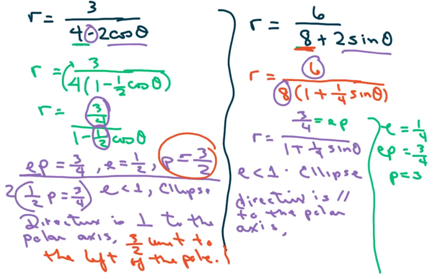And also that it is 3 units, because your P is 3. And is it going to be above, below, left, or right? Well, since it's sine, we're going up and down, so it's above or below. Since it's plus, it means it's above the pole.